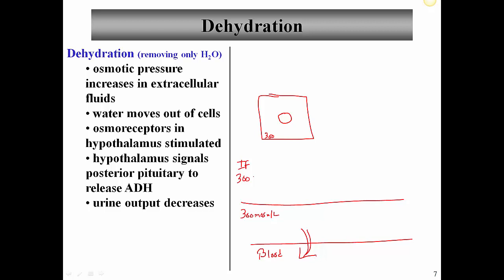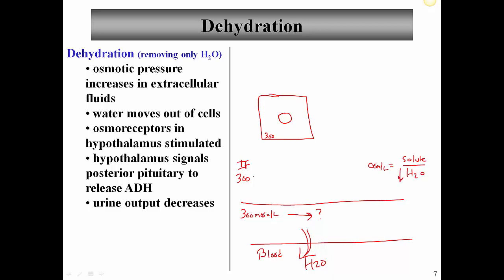Sweat, in case you didn't know this, is a hypotonic type fluid relative to body fluids. So in other words, when we sweat, we lose primarily water versus salt. Let's say that we're taking the water out of the body, and when we do that, what's going to happen to the osmolarity? Well, if you remember our equation, osmoles per liter is equal to the solute concentration divided by the volume of water.